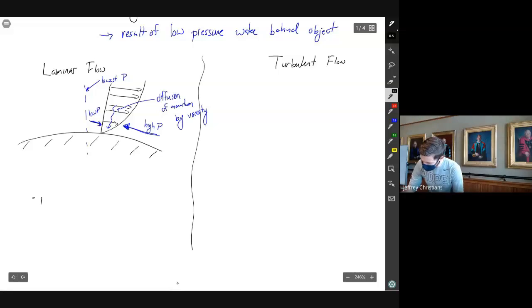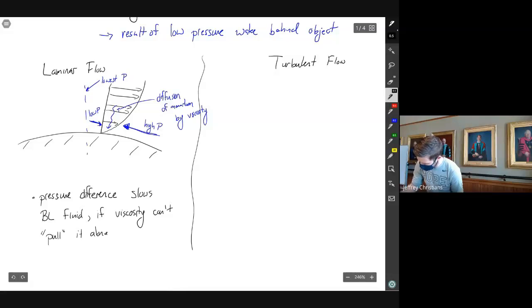So pressure difference slows the boundary layer fluid. If viscosity can't pull it along, the flow separates.